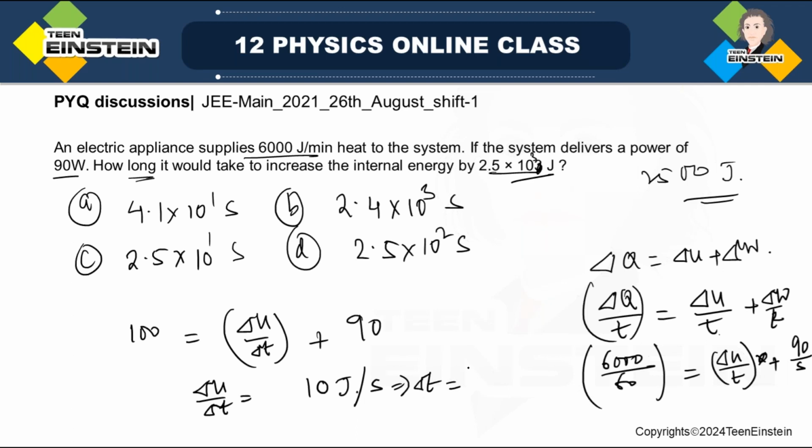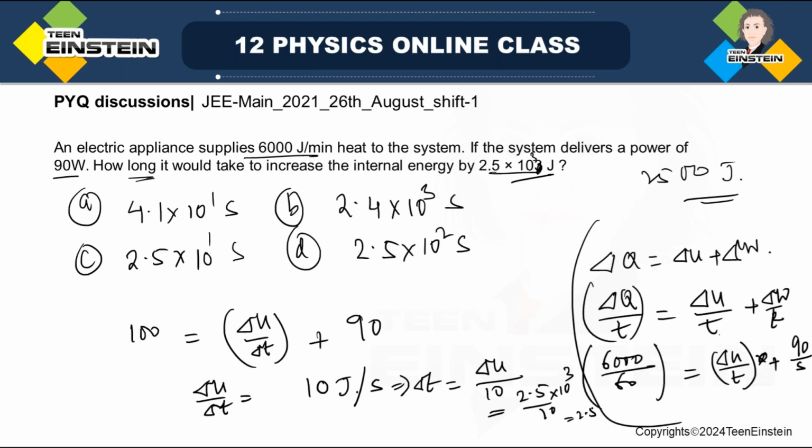Delta u by 10. What is delta u? Delta u is 2.5 into 10 to the power 3 divided by 10.